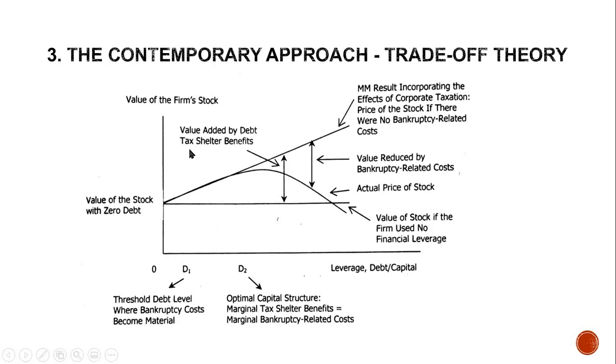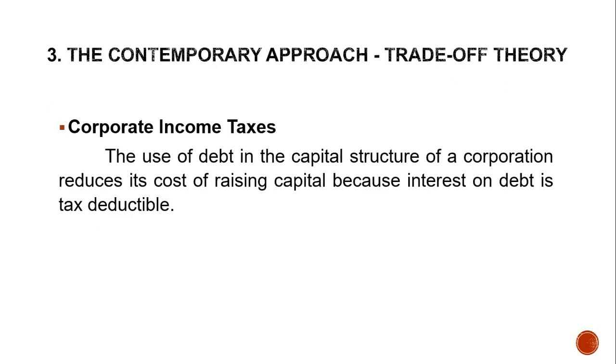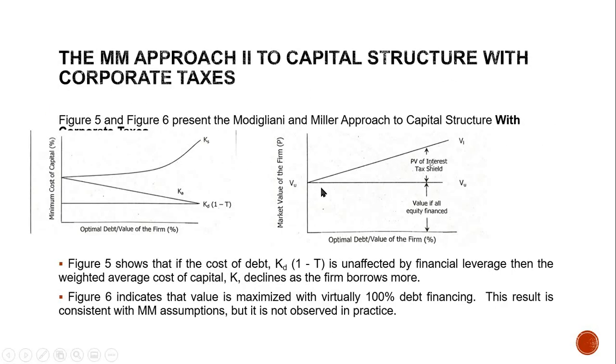The tax shield on its interest in its debt financing increases the value of the firm, because the interest paid on debt is tax deductible, just like in this graph right here. When you borrow money, the tax shield that the debt financing provides will actually help to increase the value of the firm.